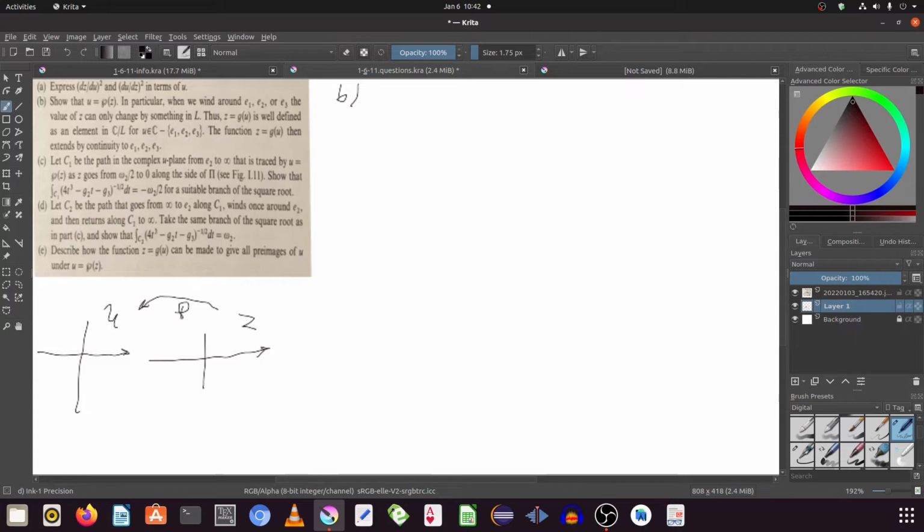Now let's just check. g goes from U to Z. So that means that the inverse, this is a multivalued function, of course.